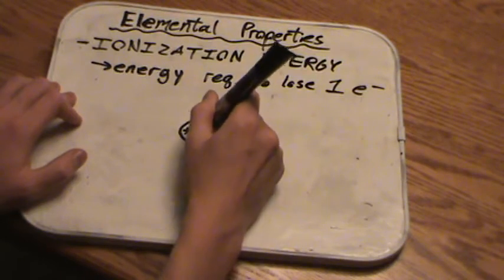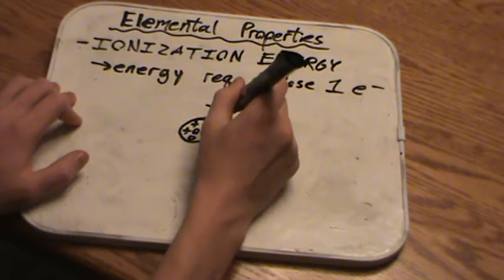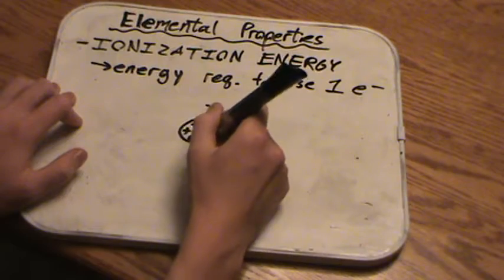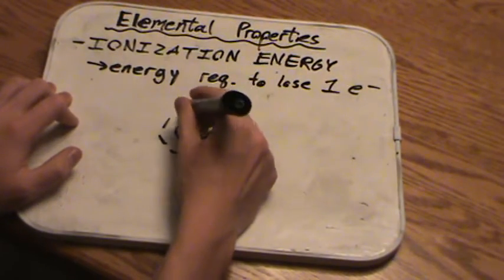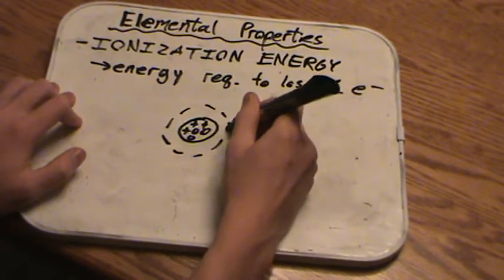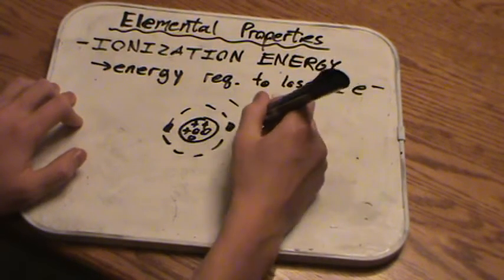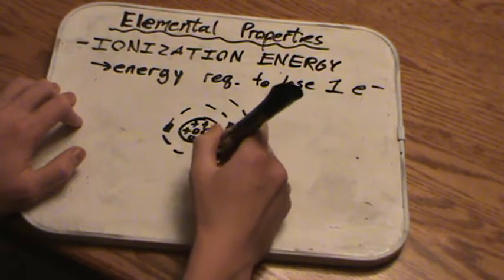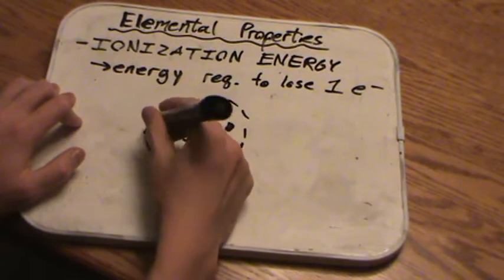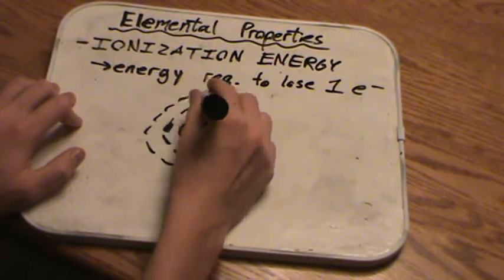Let's draw it out. Use our circular energy levels, just as we've been taught in the previous 4 videos, and put our 2 electrons in the first energy level, and then in the second energy level we are going to put 1 electron.